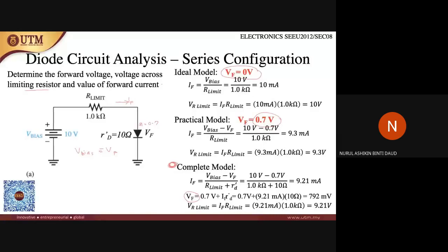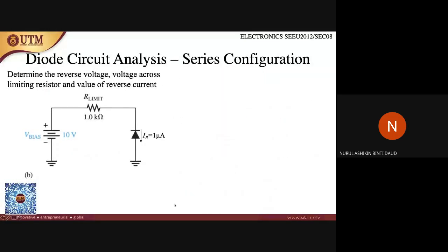Okay. All right, next. For this one, determine the reverse voltage. Now in this question, this is positive, minus this is minus, right? Minus this is positive.